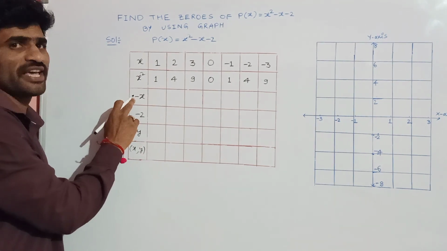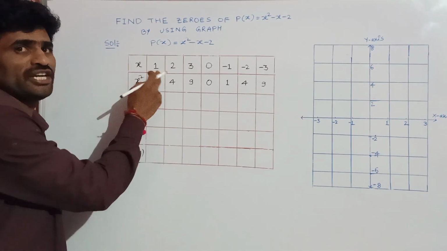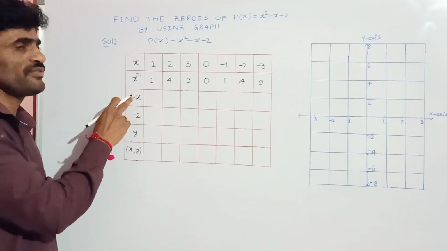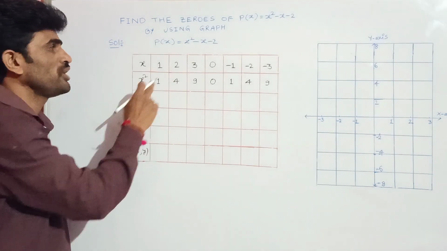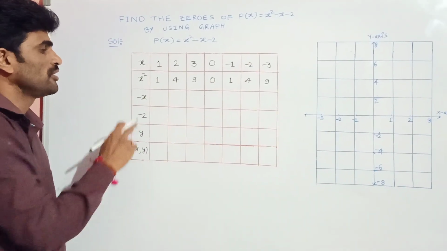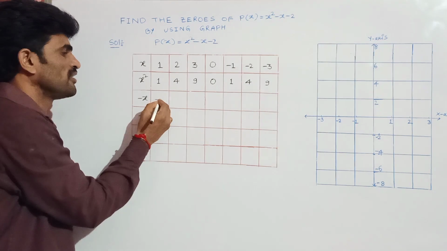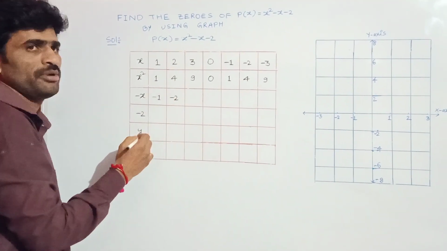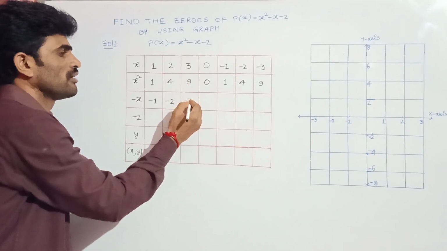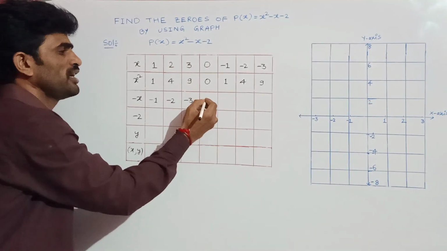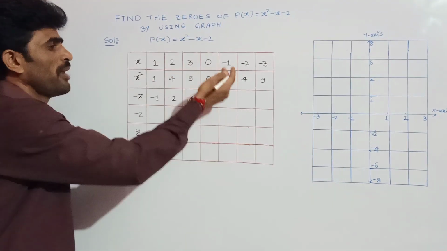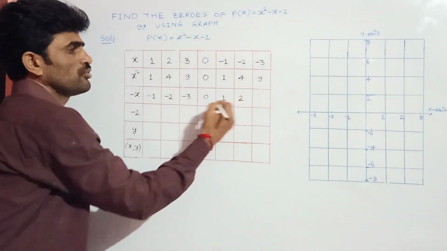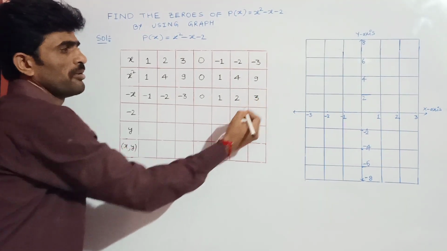Now let us find minus x. Minus x means minus 1 into x, so we need to multiply minus 1 into the x values. Suppose you have minus 2x here, then we need to multiply minus 2 into the x values. So minus 1 into 1 is minus 1, minus 1 into 2 is minus 2, minus 1 into 3 is minus 3, minus 1 into 0 is 0, minus 1 into minus 1 is plus 1, minus 1 into minus 2 is plus 2, minus 1 into minus 3 is plus 3.